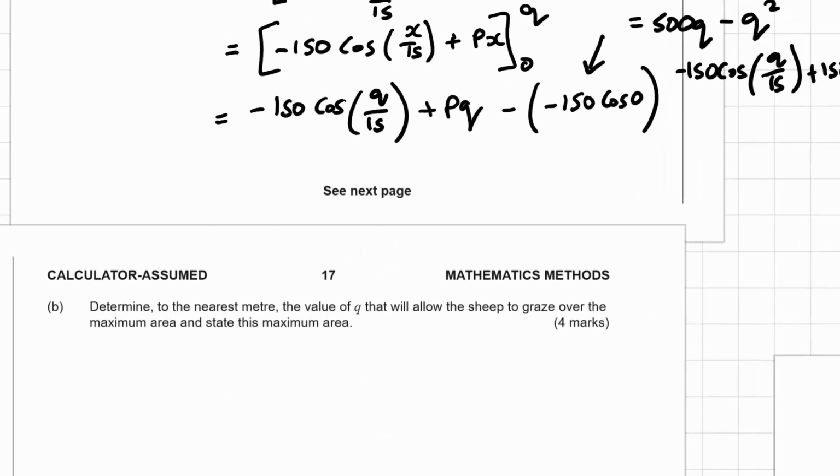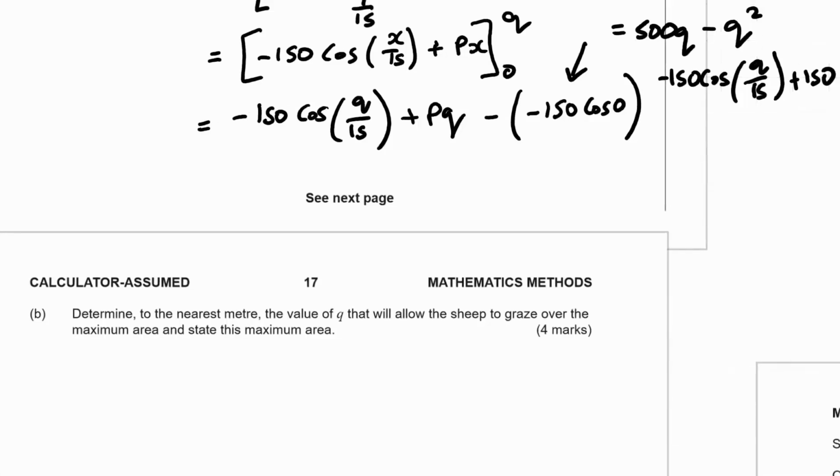Okay, determine to the nearest meter the value of q that will allow the sheep to graze over the maximum area, and state the maximum area. So we could probably use the calculator to do some of this if we want to. We want dA dq. That's going to be 500 minus 2q.